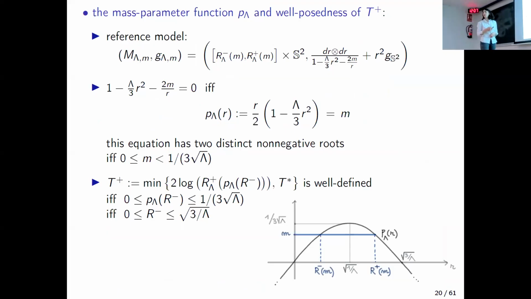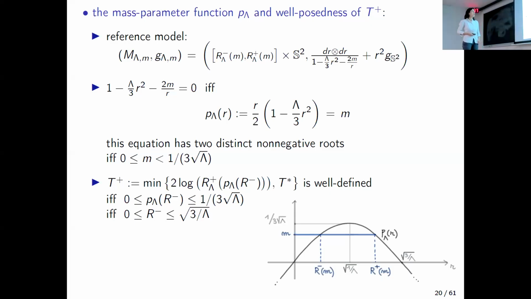The two R, capital R lambda minus and capital R lambda plus, are the two roots of this denominator. And you have exactly two roots, which is equivalent to saying that the equation P lambda R equal to M is satisfied by R only if M is between 0 and 1/3 square root of lambda. So M must be a parameter varying in this range.